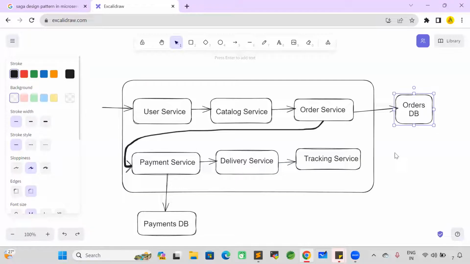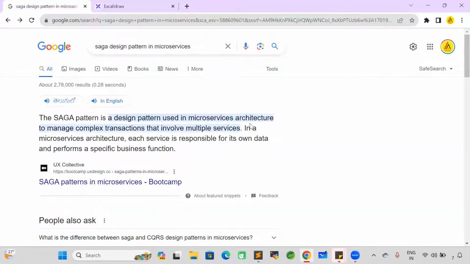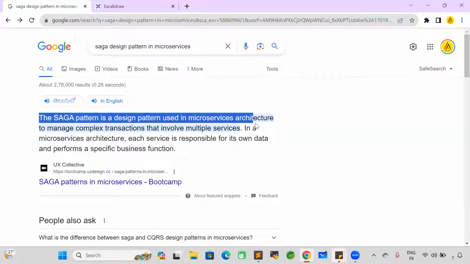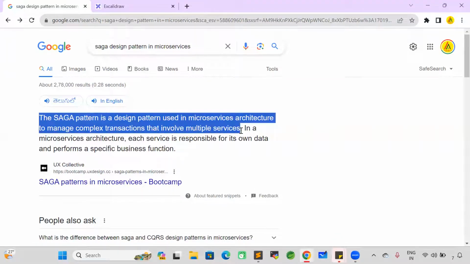When we have different microservices for order processing, how do you manage the transactions? It will become very difficult to handle this scenario. To overcome this problem, the SAGA design pattern came into the picture. What is the SAGA design pattern? It is used in microservices architecture to manage complex transactions that involve multiple services.